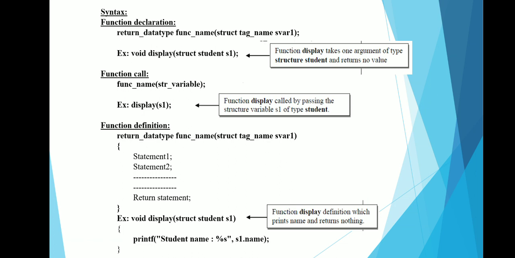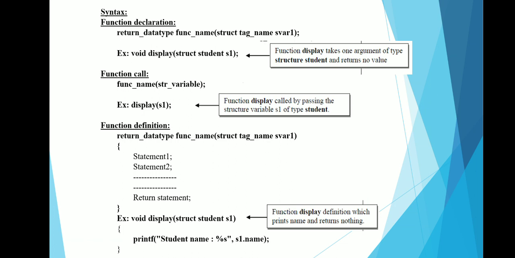We are not going to specify the keyword struct and the data type student. We just say S1. We are not going to provide full details of the student structure. This particular example calls the function display. This function display is called by passing the structure variable S1 of type student. Here the type of S1 is the student structure.